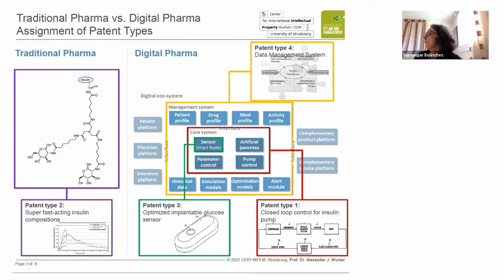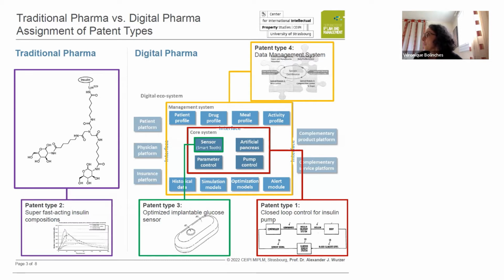On the contrary, for the digital pharma business model, we have not one but 3 patent types. If we start with patent type 3, it allows to optimize an implantable glucose sensor, and this patent type is linked to just a part of the core system, which is the sensor.